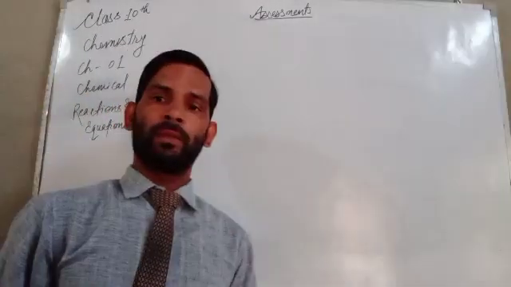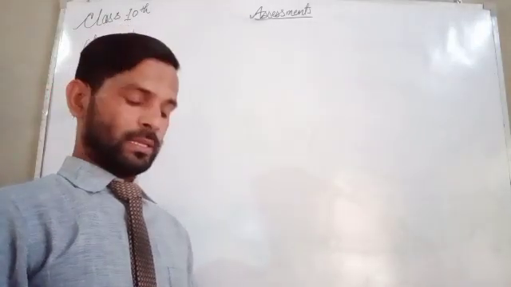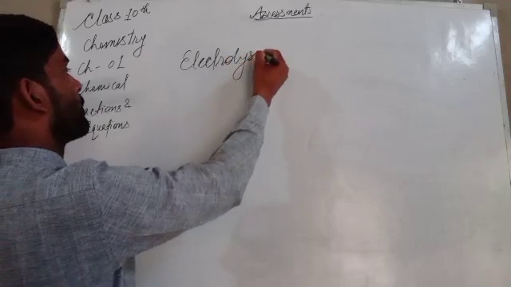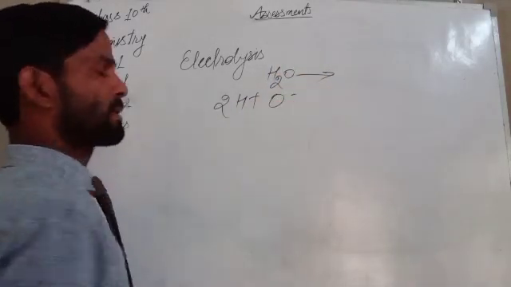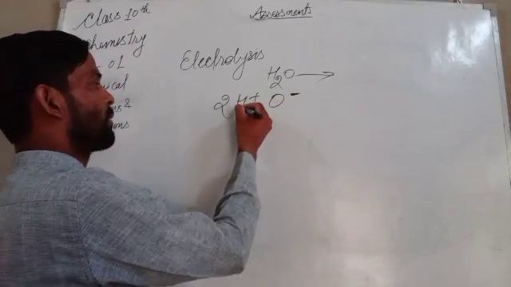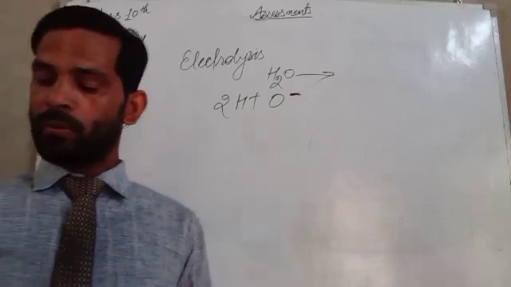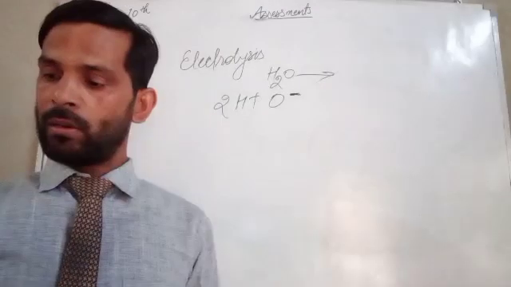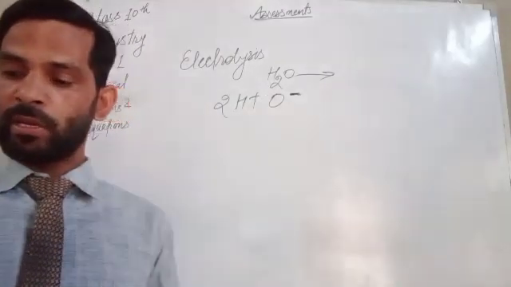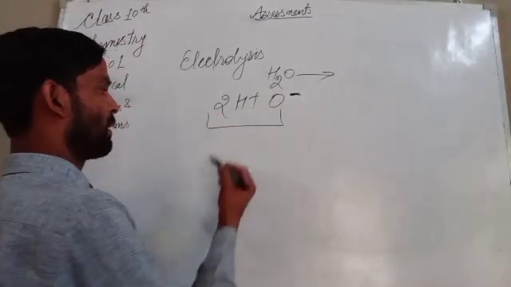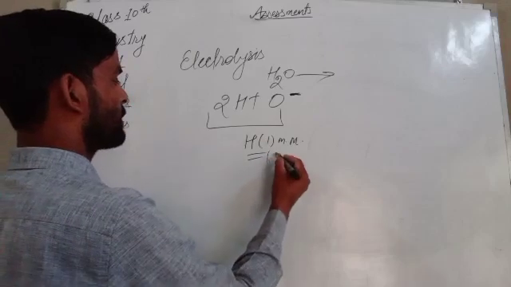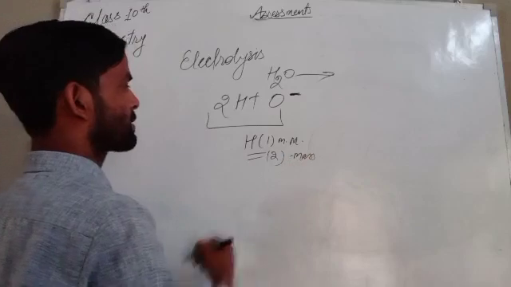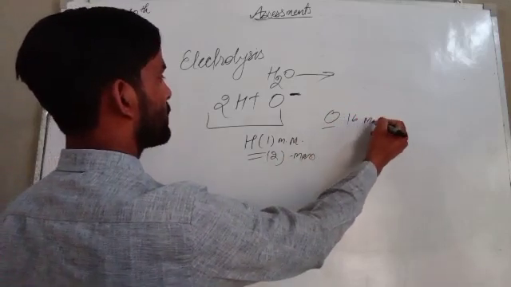We know very well that in the electrolysis of water, 2 molecules of hydrogen and 1 molecule of oxygen are produced. In the case of hydrogen, it has 1 as its atomic mass, and if there are 2 atoms, it will have a mass of 2, and oxygen carries 16.